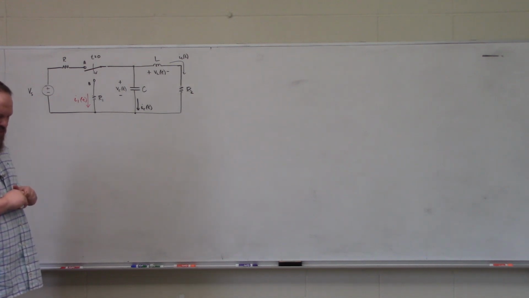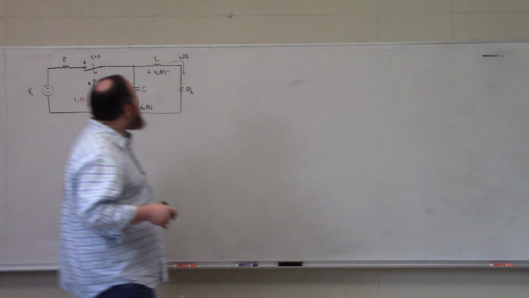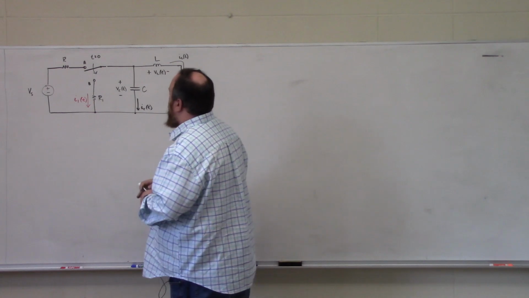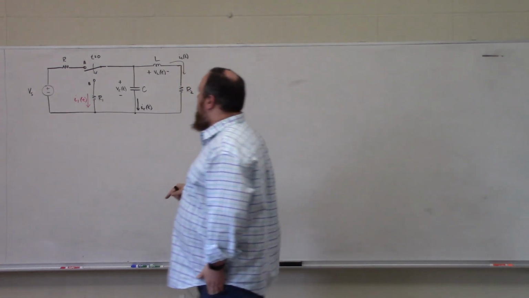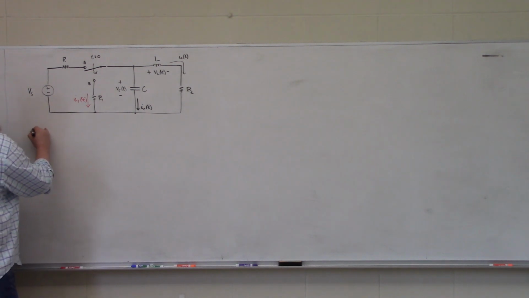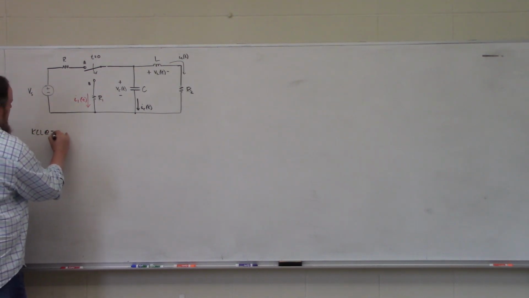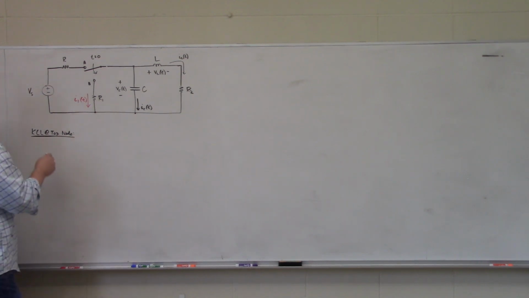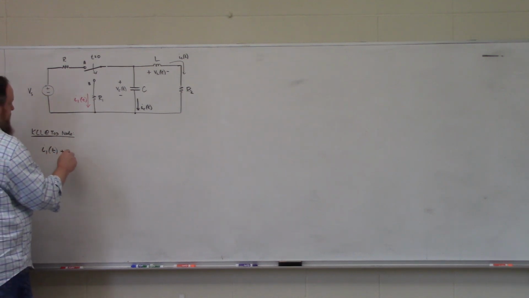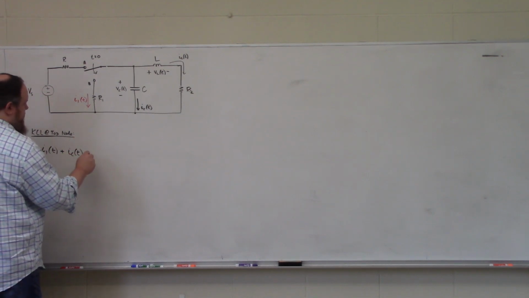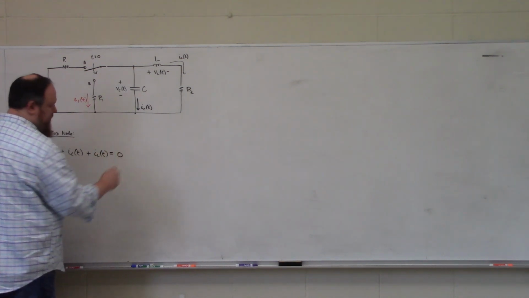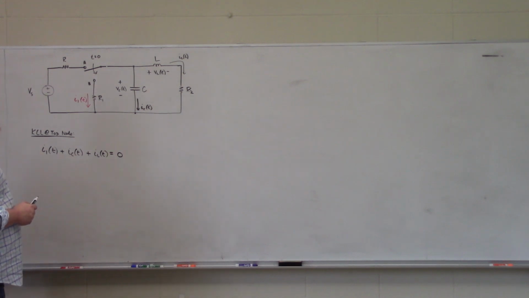Okay, so at t equals 0 plus and beyond, we could apply Kirchhoff's current law to this top node, right? So KCL at the top node would yield I1 as a function of time plus IC as a function of time plus IL as a function of time is equal to 0.